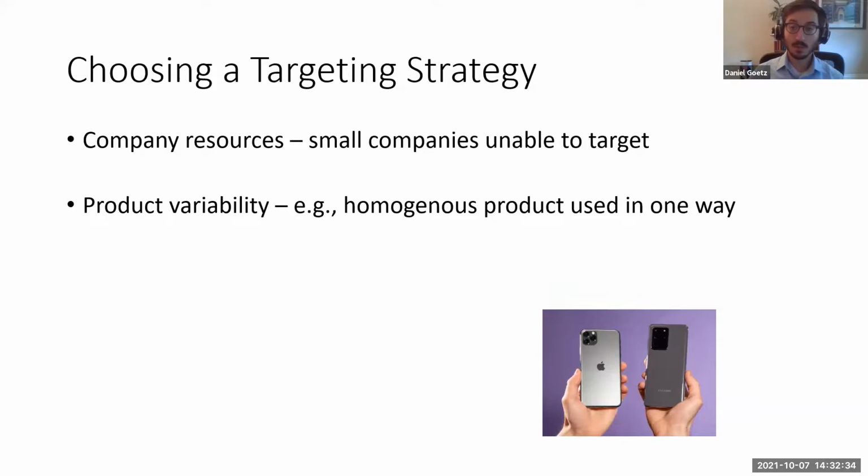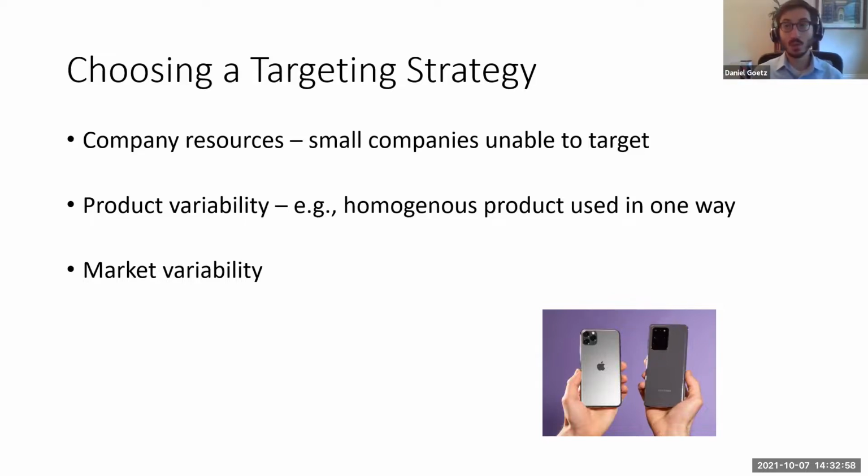Product variability: if you have a homogeneous product used only in one way, you'll probably use an undifferentiated strategy. If the market is very variable, then you may have a differentiated strategy. For instance, some products have a lot of demand at certain times of year and almost no demand at other times.